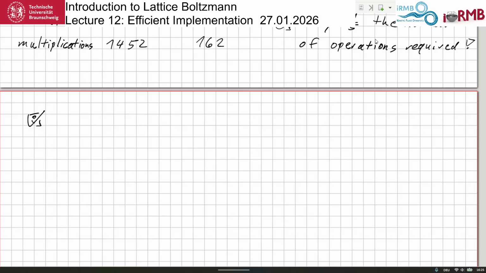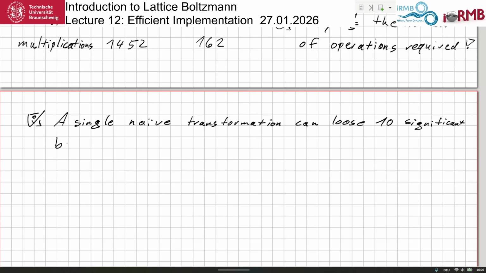And now what you see is that a single naive transformation in 3 dimensions can lose 10 significant bits more. So how did I measure this?